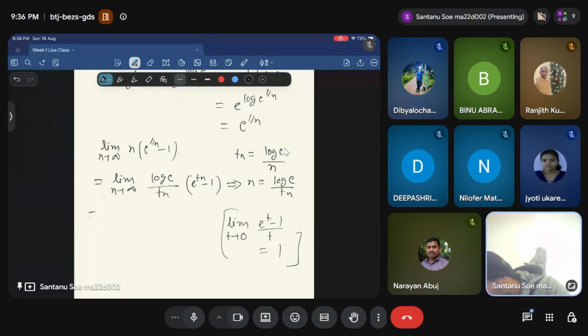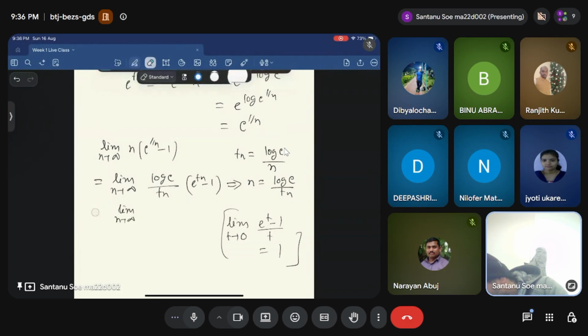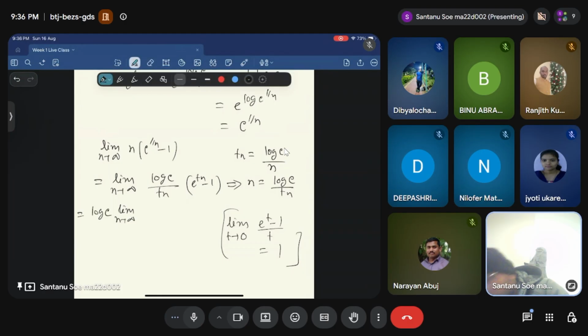So this is the limit as n tends to infinity, and you can take log c out because this is a constant, of (e to the power T_n minus 1) divided by T_n. Now as n goes to infinity, T_n goes to 0. So that means this T_n will act as a sequence for the function (exponential of t minus 1) divided by t. Correct? Then by the sequential criterion of limit, you can show that this limit is just log c, because this is just 1.